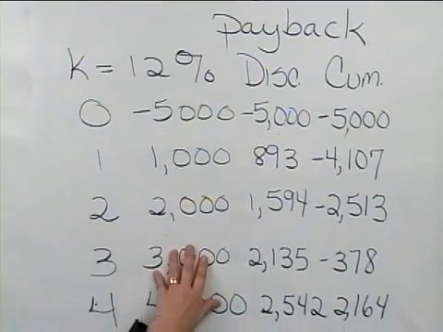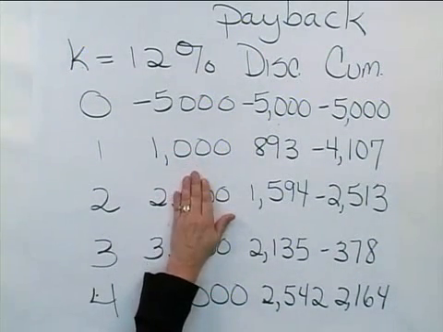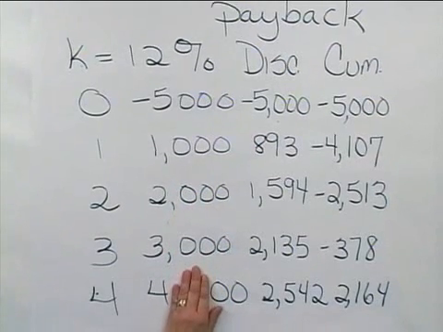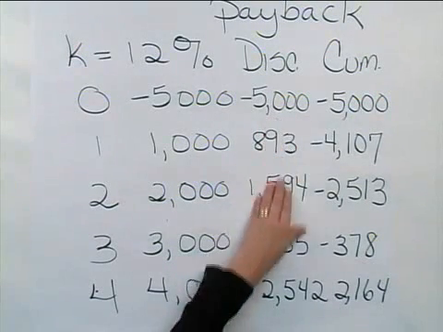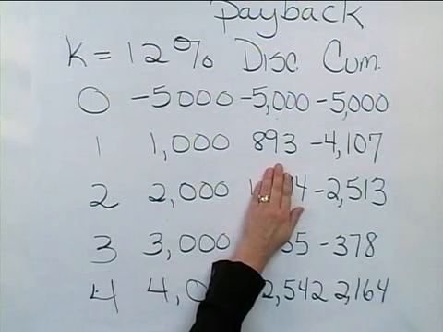This is a project that's going to cost $5,000 initially. You're going to get $1,000 in year 1, $2,000 in year 2, $3,000 in year 3, and $4,000 in year 4. Let's discount each of those cash flows. Let's take the $1,000 and discount it back one period at 12%.